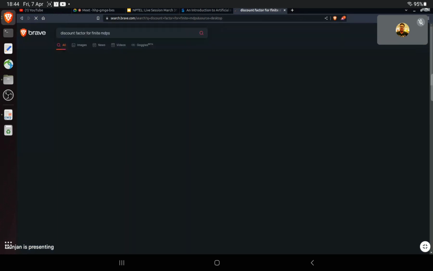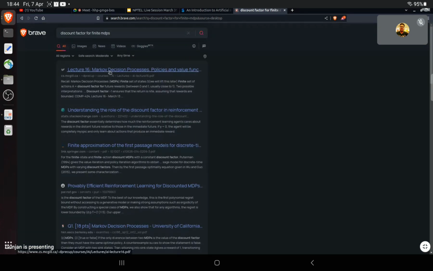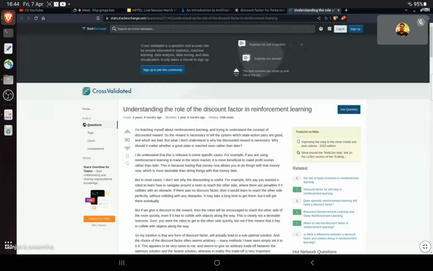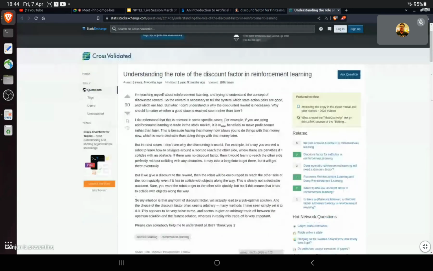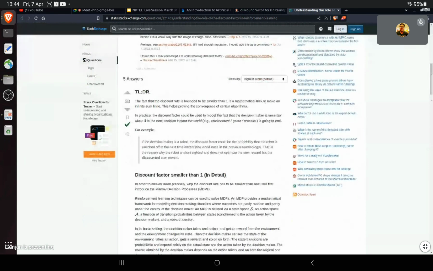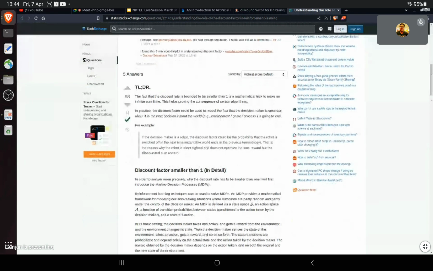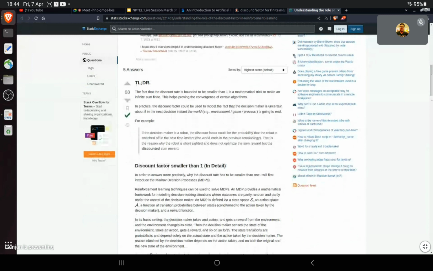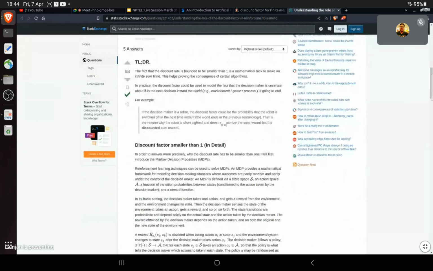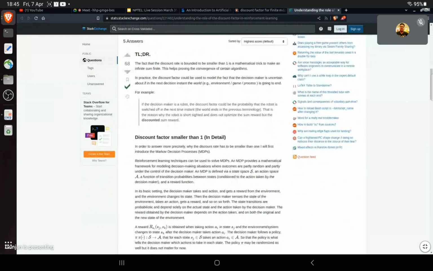Let me just quickly see if there are any papers. I don't think you will find one, it's so obvious that if you put gamma in any finite MDP, it will make the agent worse off. The discount rate is taken infinite. In order to be more precise, first introduce the MDPs.